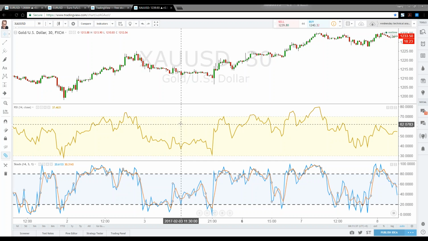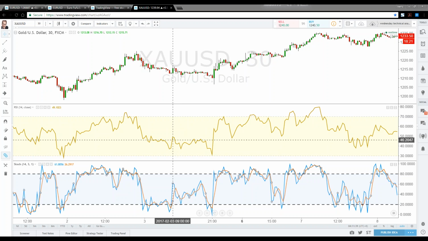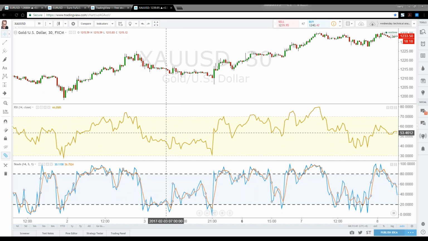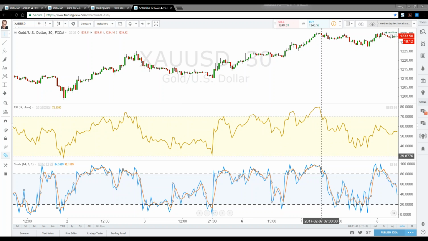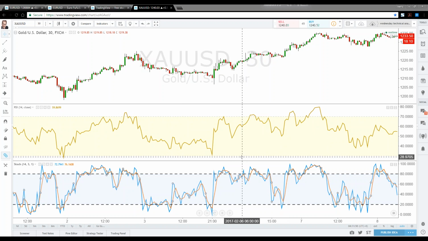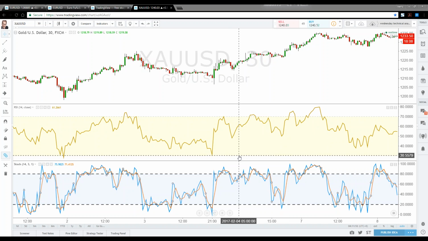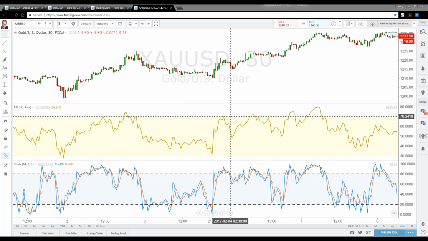You can do whatever you want with them. But you see this unimportant zone in the back in the yellow, because they're not telling you anything when they're in the yellow. But when they break above or below these crucial lines, the 30 line and the 70 line, they're then telling you the market has gotten overbought or oversold.